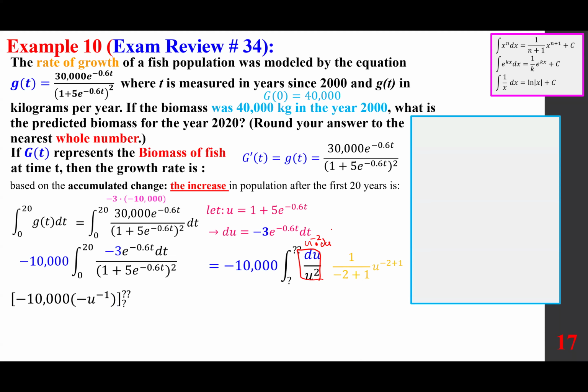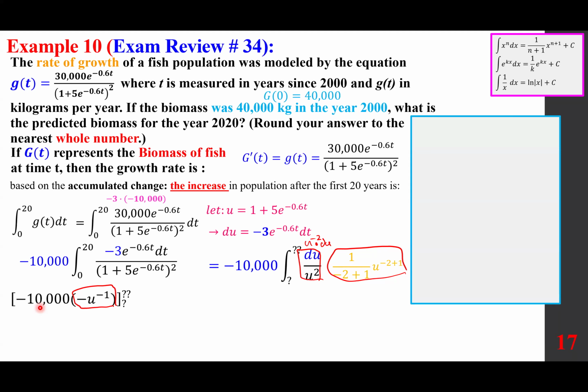Negative 10,000 times negative u to the power of negative 1 is the same as negative times negative, positive 10,000 over u.